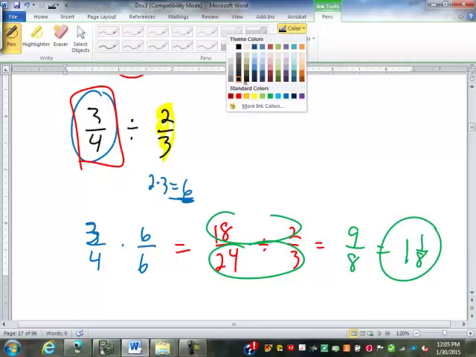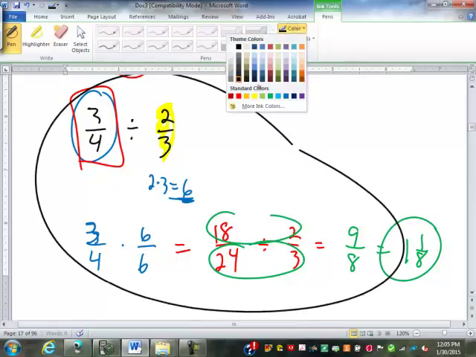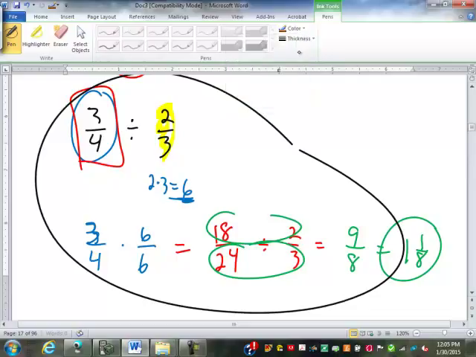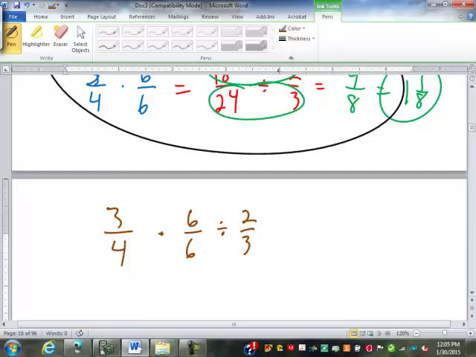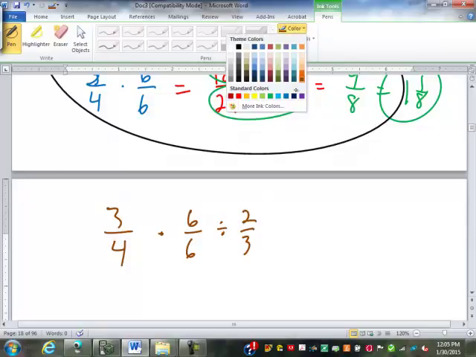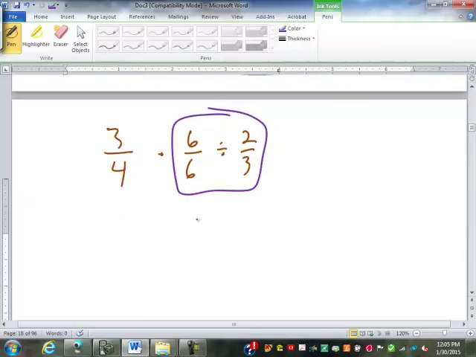So how did we get from this process to multiplying by a reciprocal? Well, it's not as big of a leap as you would think. At some point, somebody looked at this process here, 3/4 times 6 over 6 divided by 2/3. And they realized that no matter what the numbers involved were, if they did this division here first, 6 divided by 2 is 3, 6 divided by 3 is 2.